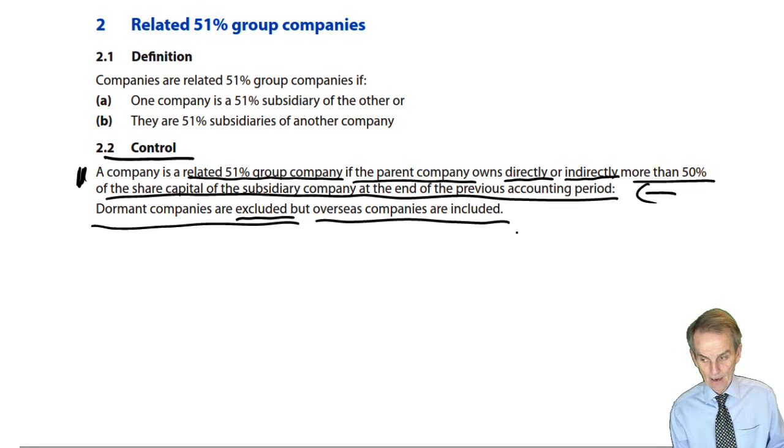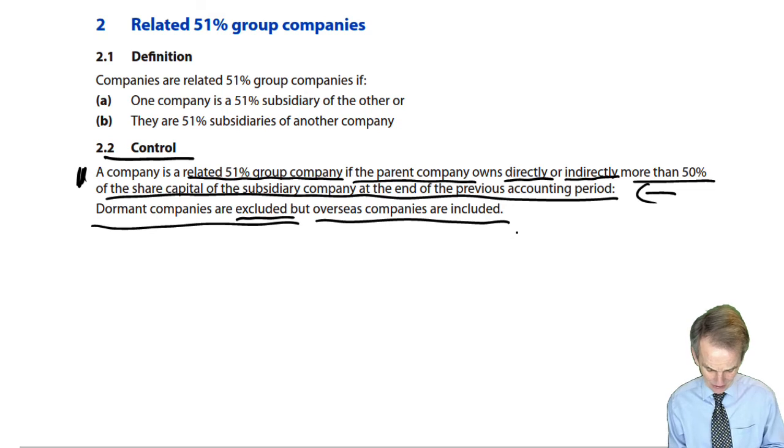Even though its profits would be outside the scope of the UK taxation system, the fact that this overseas company exists within the effective 51% group would mean that it impacts on the number of related 51% group companies for the UK group in determining the profit limits for each of those companies.